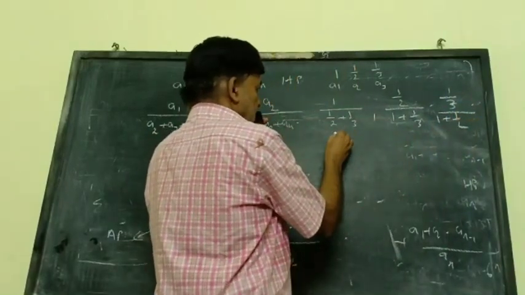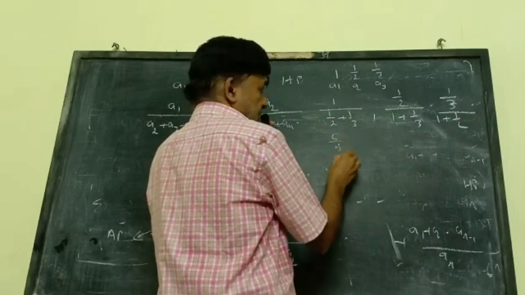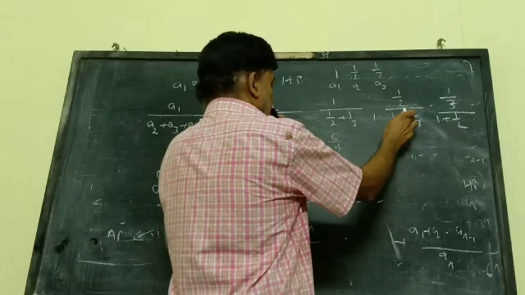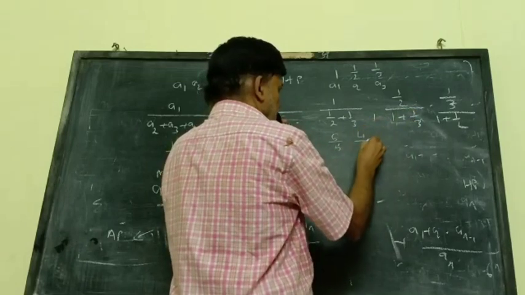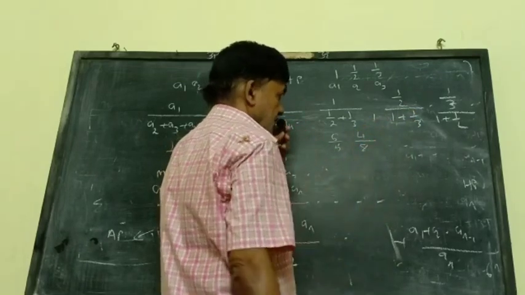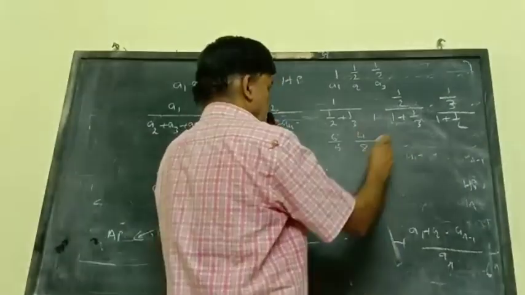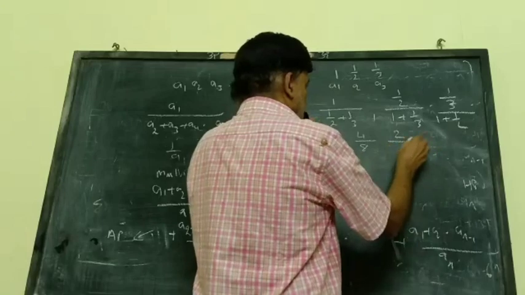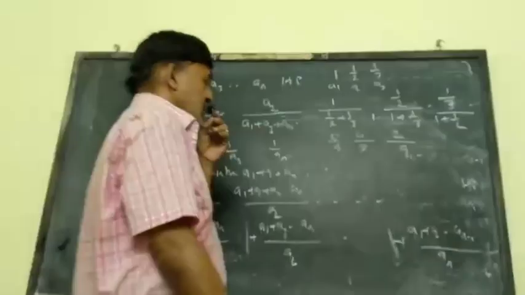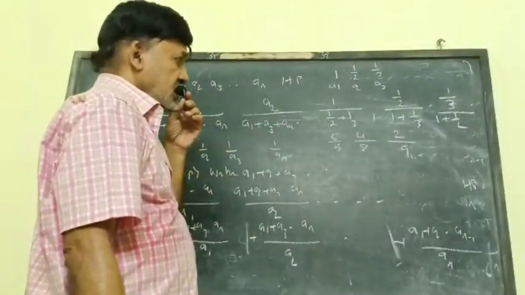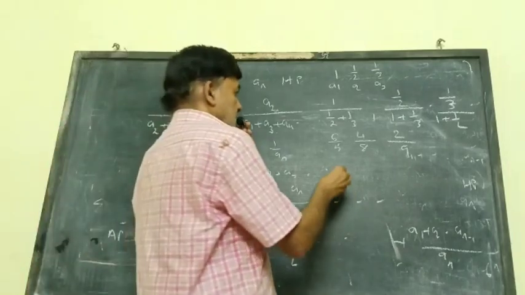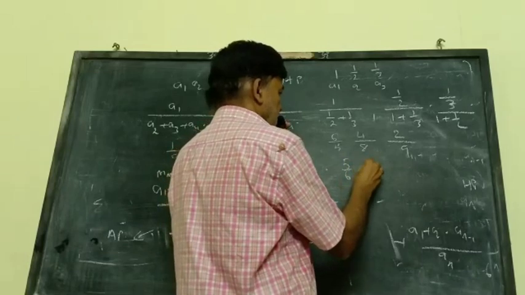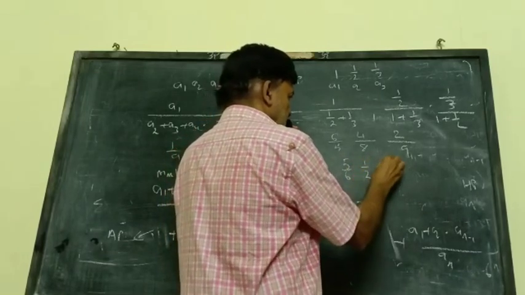This is how much for you? 5 by 6, this is 4 by 8, sorry, 8 plus 1, this is 9 by 2. Now you consider the reciprocals: 6 by 5, 1 by 2, 2 by 9.